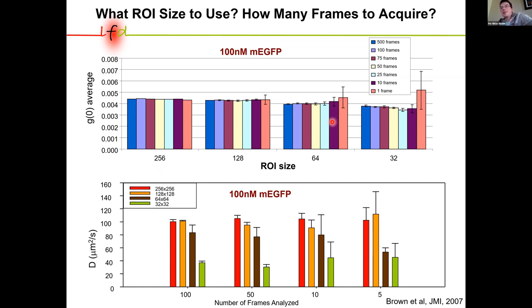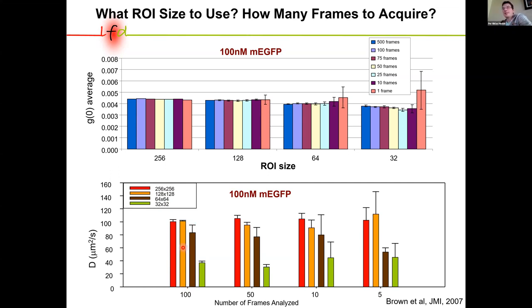Now let's look at the diffusion coefficient. Again, we have different sizes of the regions of interest, 256 down to 32 by 32, in these color-coded bars. And on the x-axis, we have the number of frames analyzed.